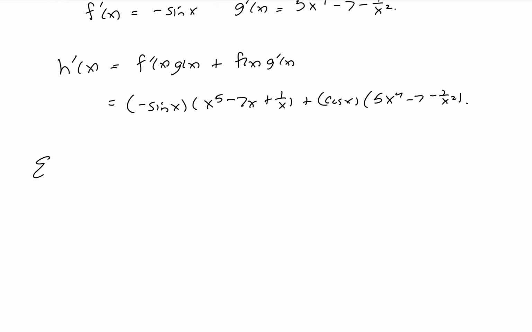So let's try another example. So let's let f of x be x cubed plus 7x minus 2, and let's let g of x be given by the following graph.